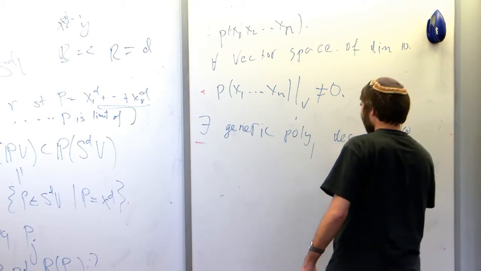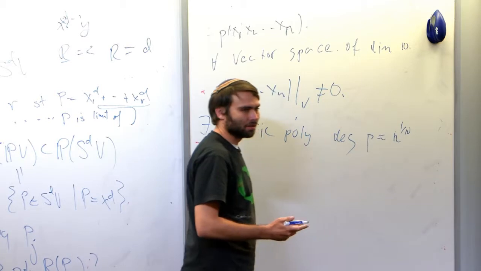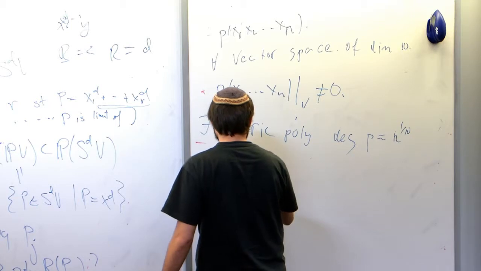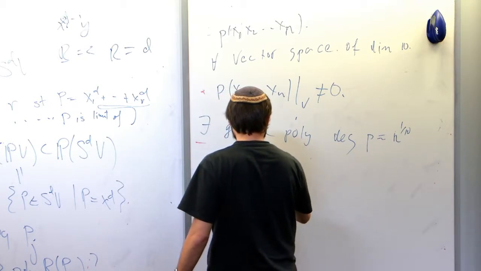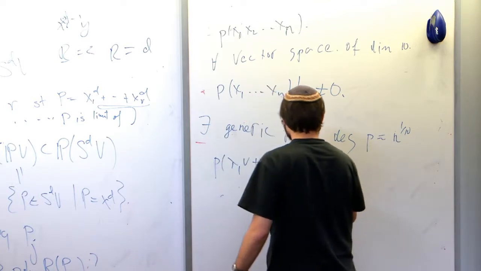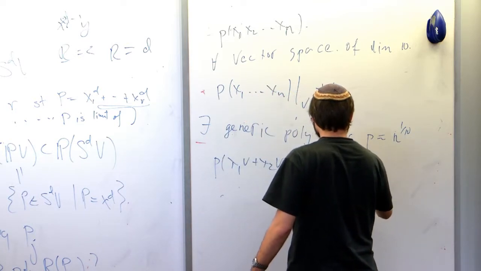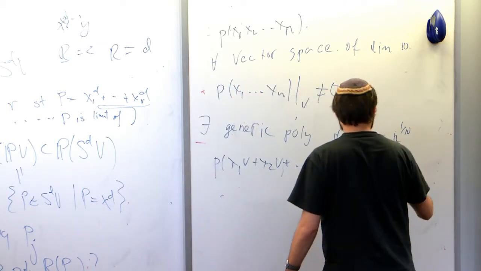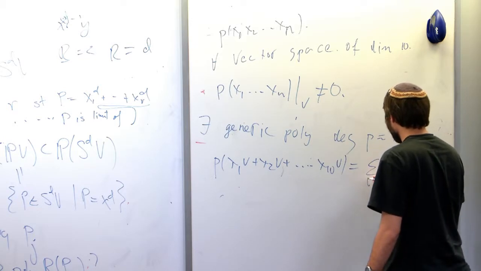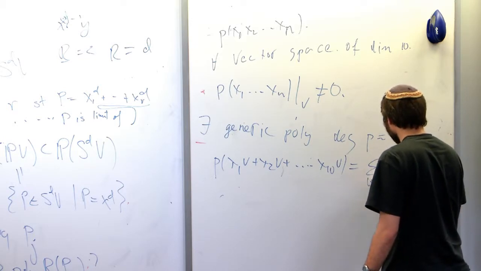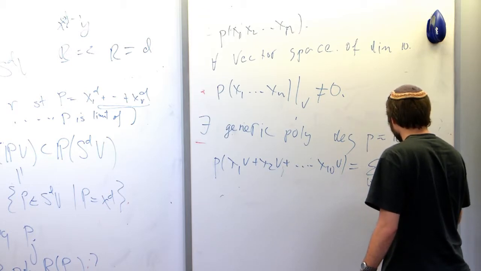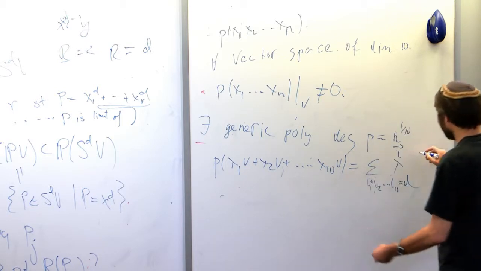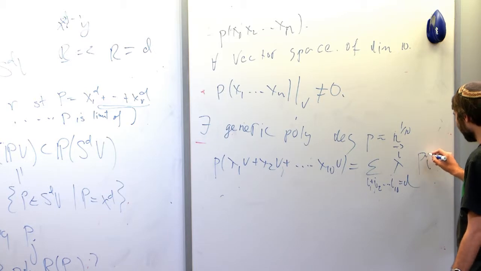And the reason why you need such degrees is that if you look at P of lambda 1 V1 plus lambda 2 V2 up to lambda 10 V10, you expand it as a polynomial in lambdas. You get the sum over I1 plus I2 plus up to I10 equal to D of lambda to the power I times some polynomials Pi.